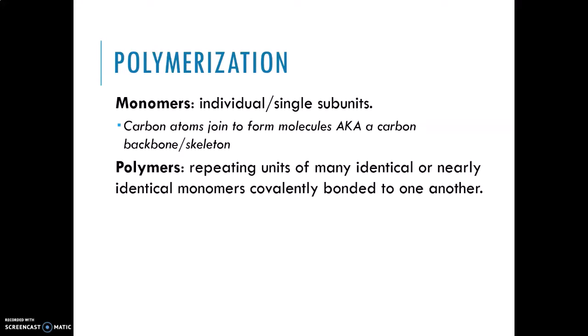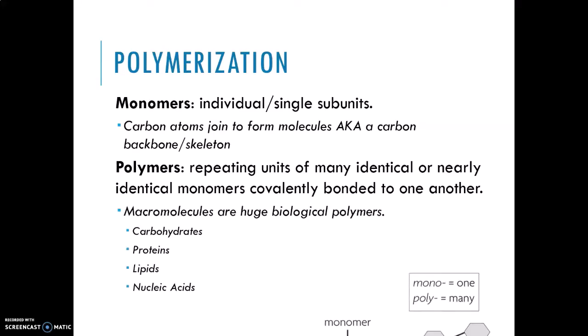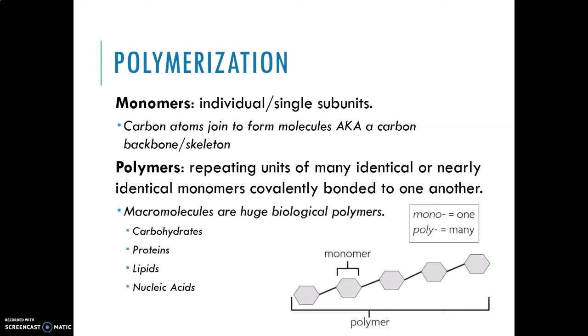Polymers, on the other hand, are the large molecules that are formed as the result of linking together monomers. So poly means many. A polymer has many parts, many repeating subunits that are all covalently bonded together. When we talk about macromolecules, which will be the next topic of discussion in this unit, macromolecules are essentially gigantic biological polymers.